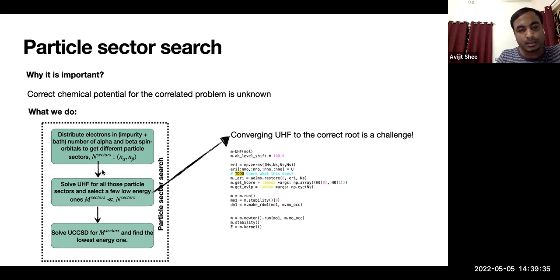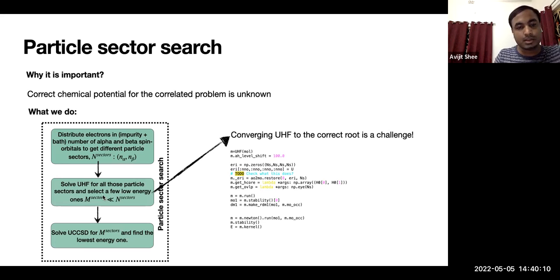With this distribution we get, let's say, n number of sectors, denoted by n alpha and n beta orbitals, and then we employ unrestricted Hartree-Fock for all those particle sectors, and from UHF we choose some m number of lower energy particle sectors.